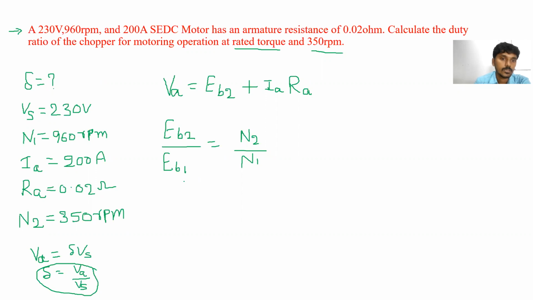Here EB2 is the back EMF of the motor when running at 350 RPM and rated torque, and EB1 is the back EMF at rated operation. So we need to find the back EMF at rated operation.